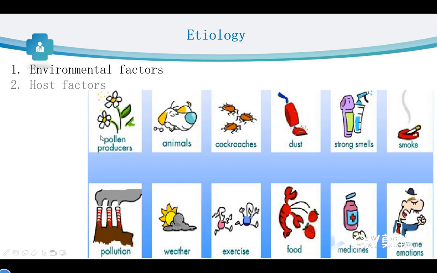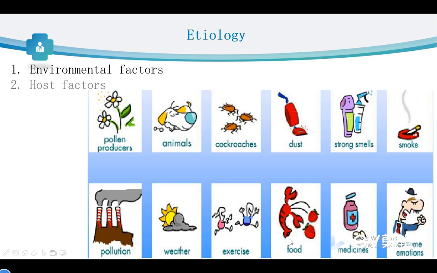The asthma patient usually get acute episodes during the spring. Animal hairs. Parasites such as mites and so on. Some toxic particles including the dust, smoke, and pollution from the factories.